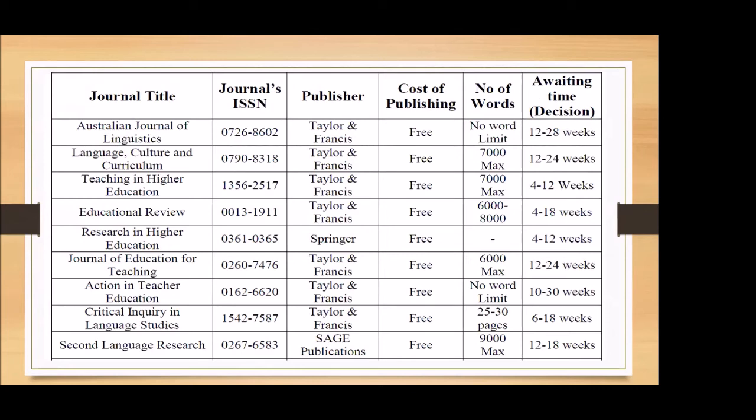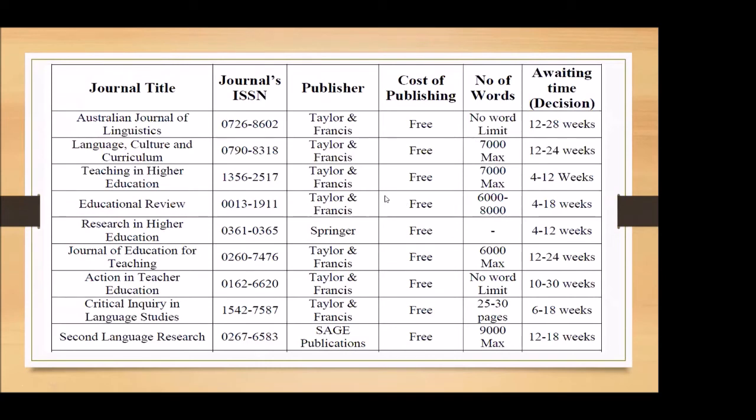Most of the quality journals, like the ISI journals, have a high number of weeks. Here we have 12 to 23 weeks, 28 weeks, and it could sometimes take a year to publish in a good journal.